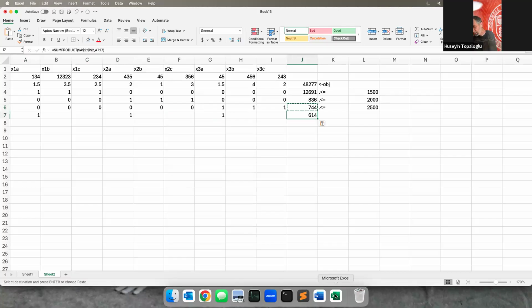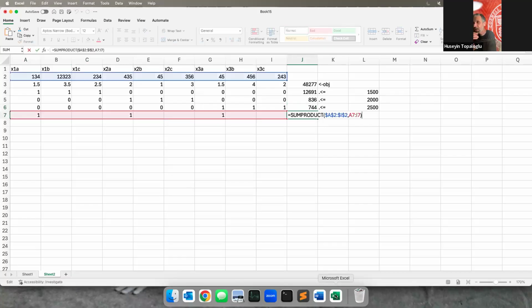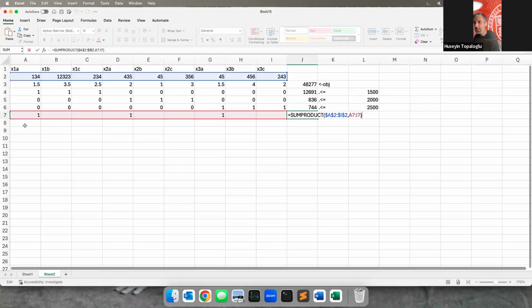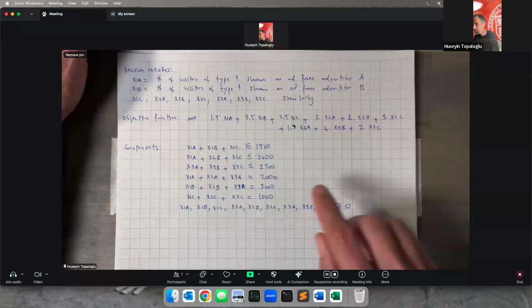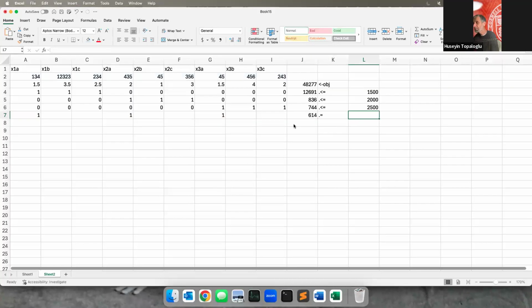So let's not write the zeros explicitly. Now to write down the left-hand side of the fourth constraint, x1a plus x2a plus x3a, we sum product these coefficients times the decision variable values. That is the left-hand side of the fourth constraint. And the fourth constraint is an equality constraint, and the right-hand side is 2000.